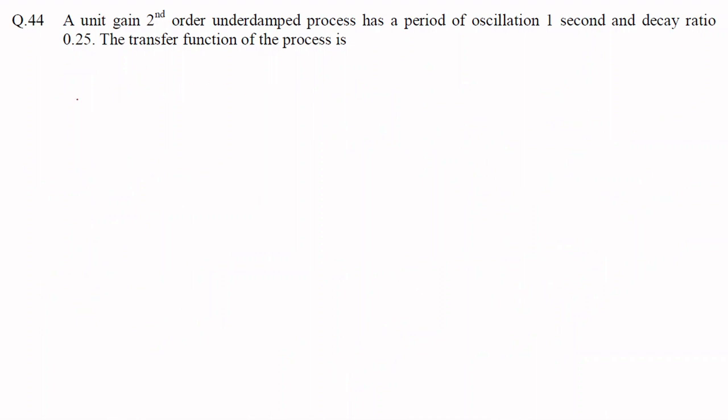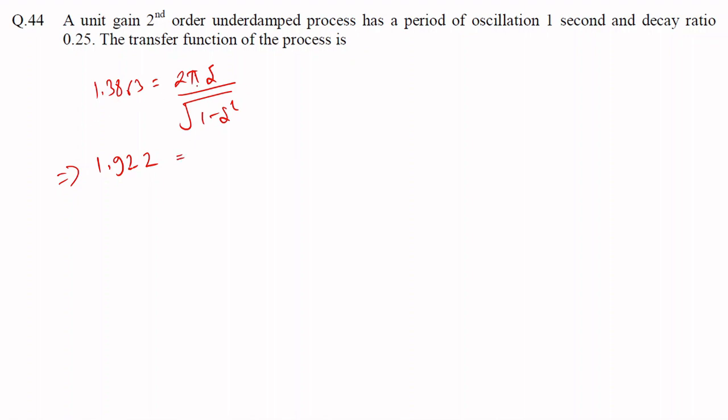So ln of 0.25 will be minus 1.3863, and on the right hand side we have minus 2 pi zeta upon under root of 1 minus zeta square. So that minus gets cancelled. And so on solving this, we get 1.22.